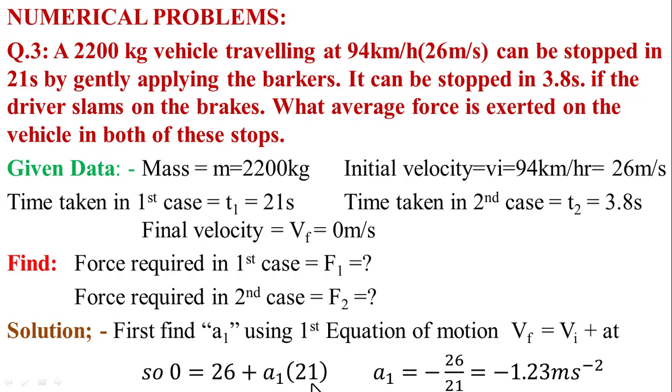Now 21 is multiplying, and on the other side it will be divided. So calculating the acceleration, a is equal to minus 26 divided by 21. So acceleration a is equal to minus 1.23 meter per second squared.